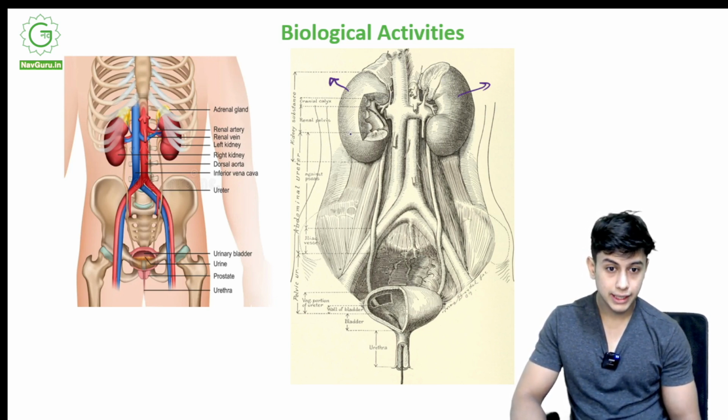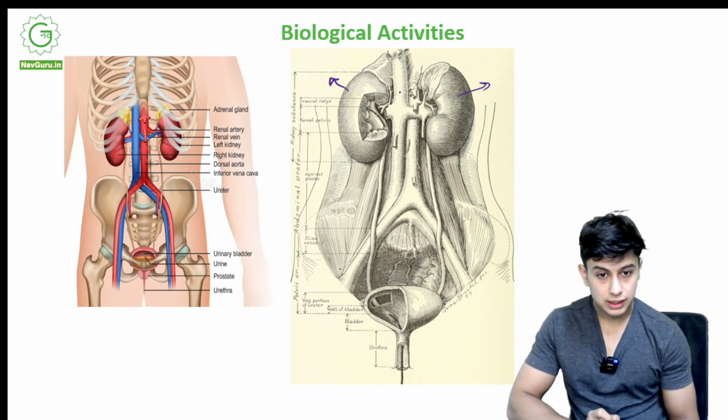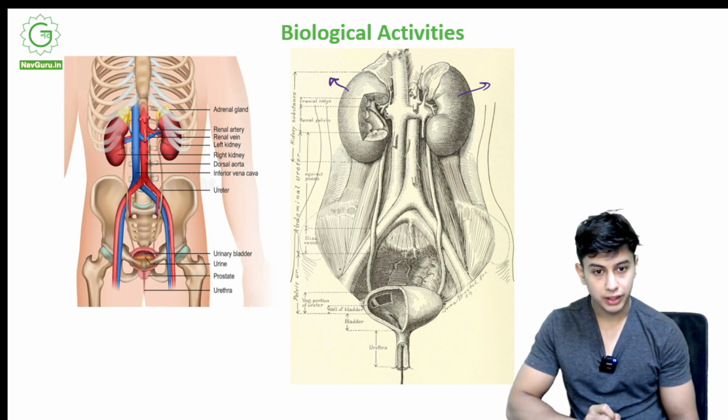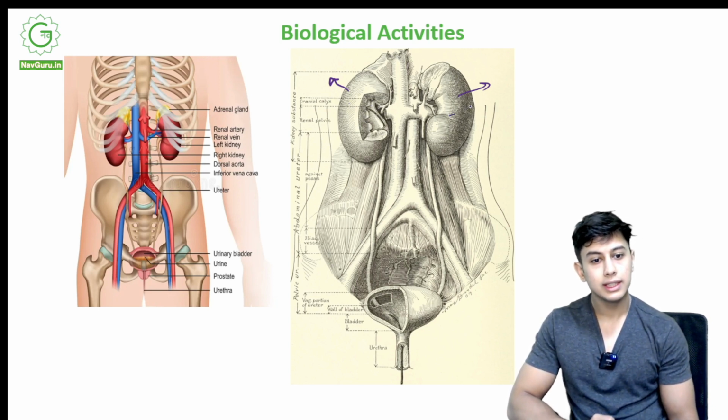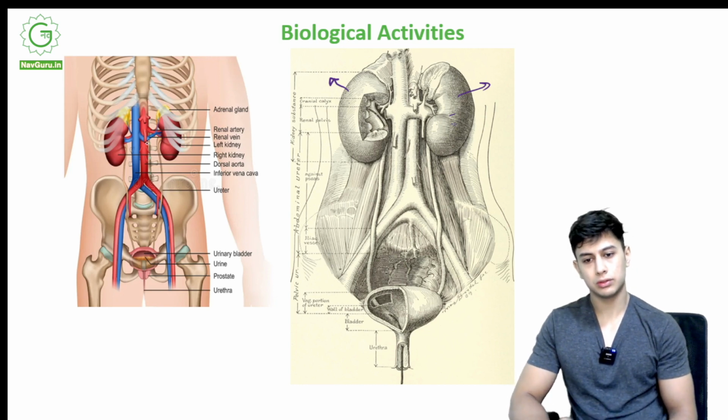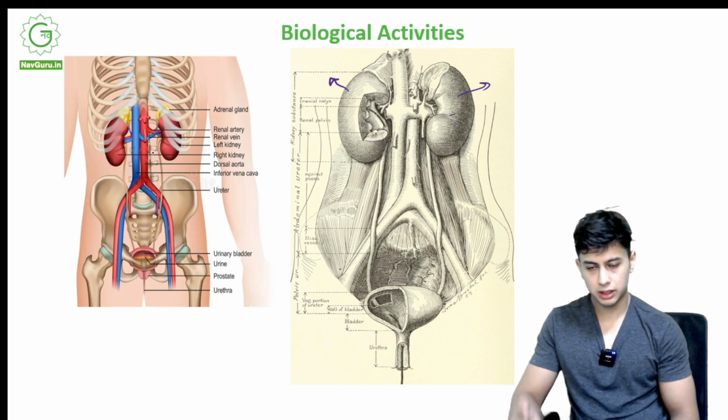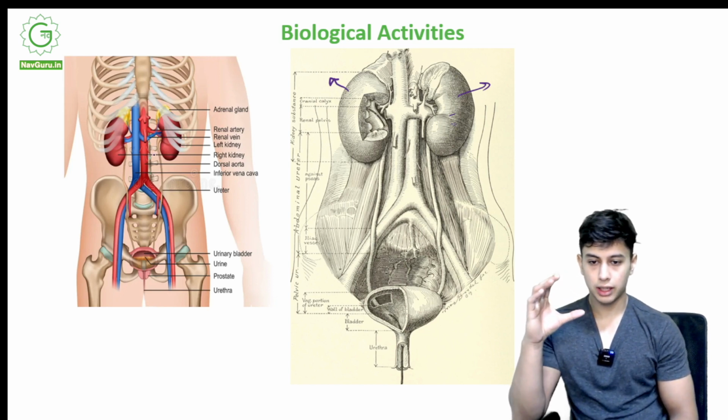So this kidney is what is purifying. They have cut it to show how it looks inside, but this kidney that is present behind the rib cage, under the rib cage, is small in size, not that big.